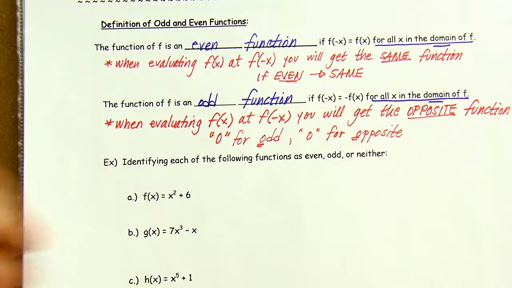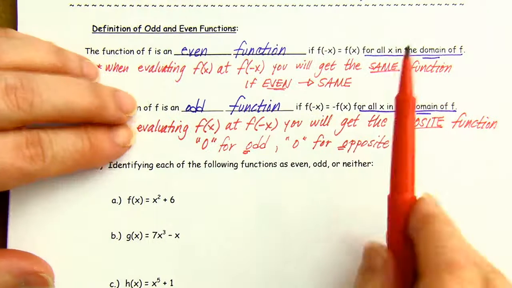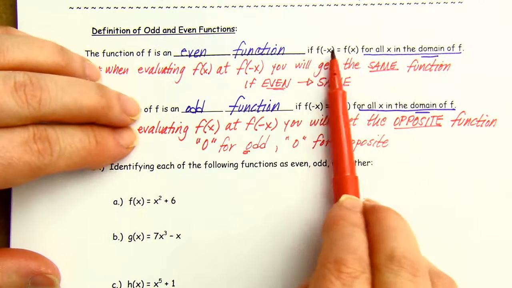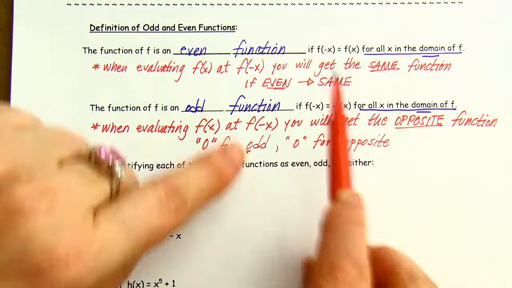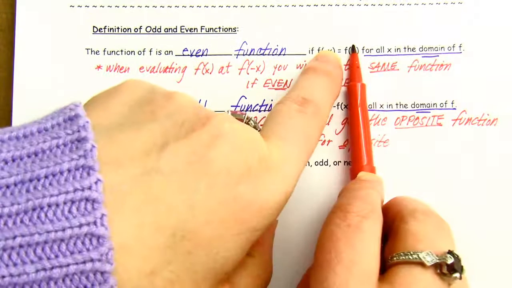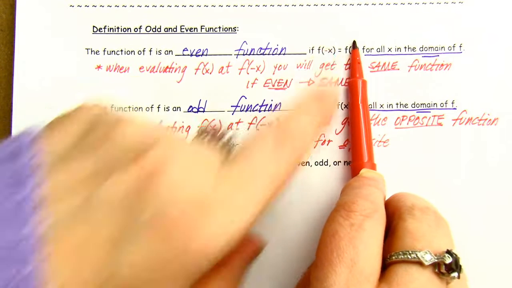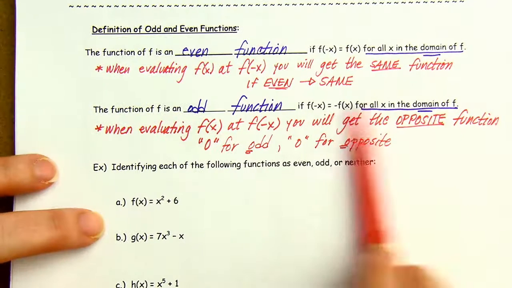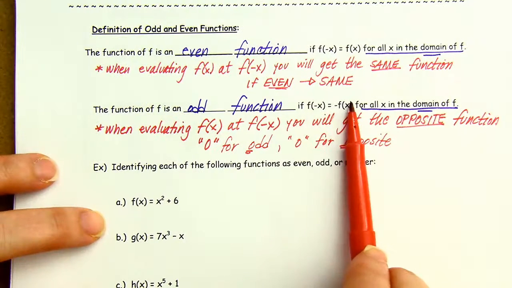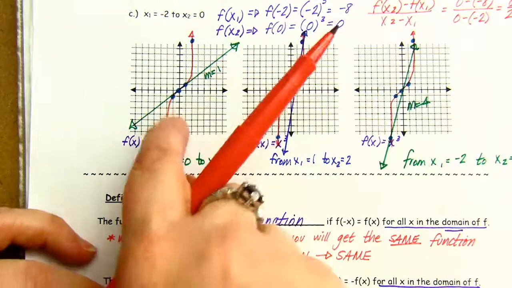All right, now if I look at this notation, think of this logically. When the x's are opposites, the y's are the same, right? So if I cover up this negative x and this positive x, I see positive f equals positive f, right? So when the x's are opposite in sign, the y's are the same. But here, when the x's are opposites in sign, the y's are also opposites in sign. We see that up here, the cube function is an odd function, right?